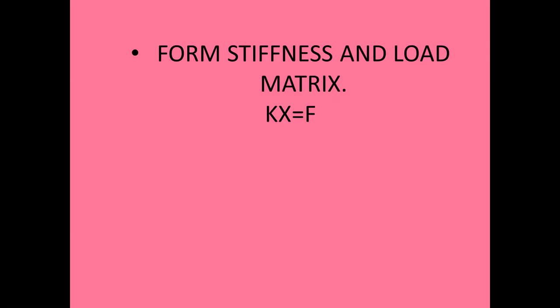Similarly, the matrix F, which contains all the loadings in terms of external forces or external moments, whatsoever may be the disturbing criteria, is also going to be of size equal to that of X. Therefore, it is going to be of size 1 column and 10 rows. And correspondingly, K, which is commonly known as the stiffness matrix, is going to be a square matrix of size 10 by 10.